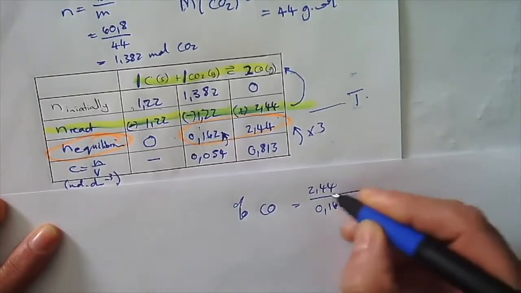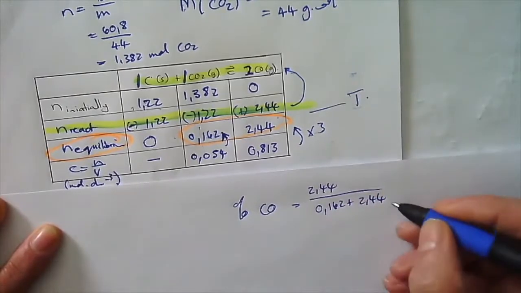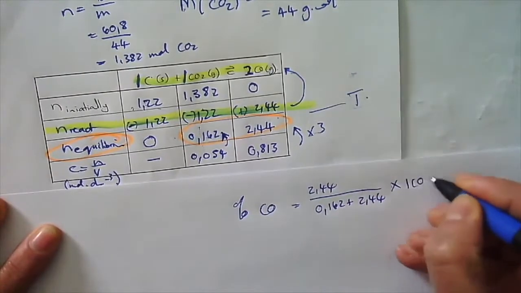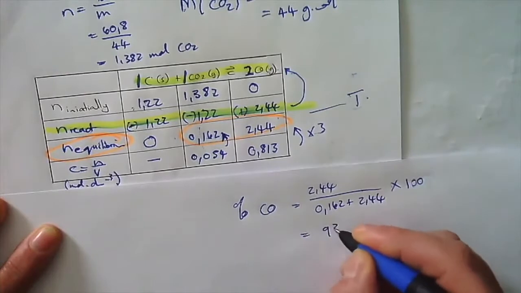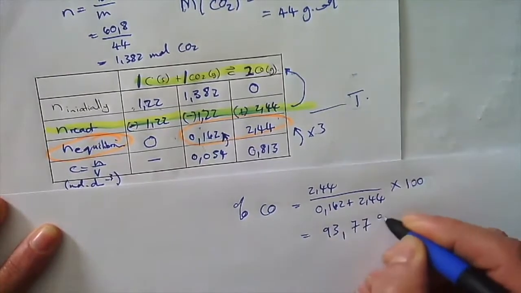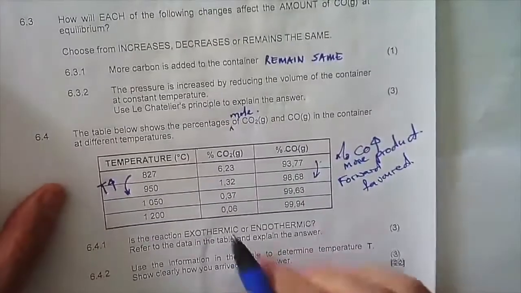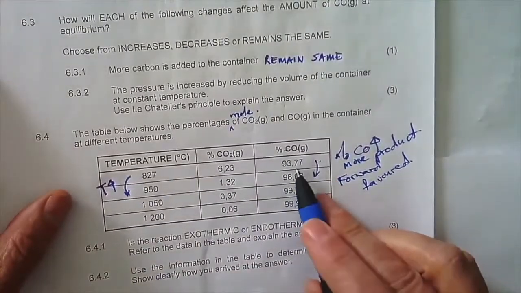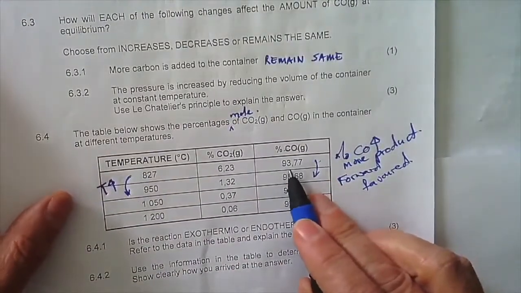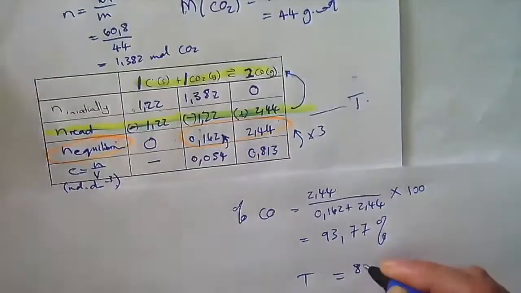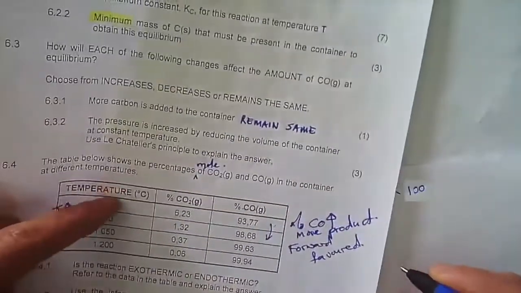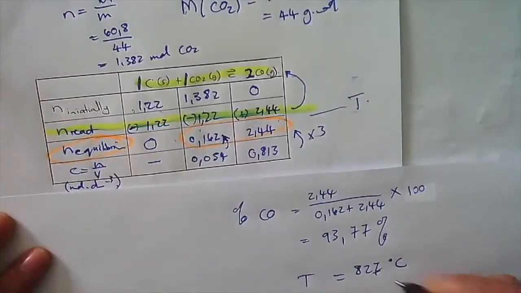So the moles of only CO divided by all the moles, times 100. And that gives you 93.77%. And then if you go back to your table, you will see if the CO percentage is 93.77, that tells us we are at a temperature of 827, and just check the unit, degrees Celsius.